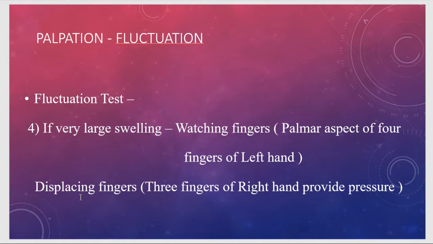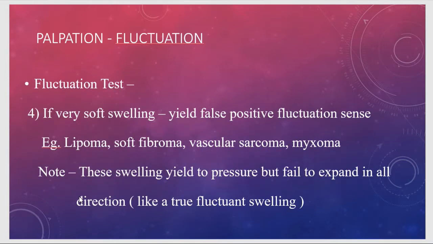So the displacing fingers' role will be done by the three fingers of the right hand, and they will provide pressure over the swelling in a very large swelling, and the fluctuation can be felt by the palmar aspect of four fingers of the left hand, right?